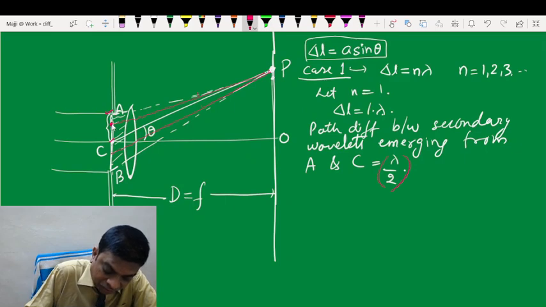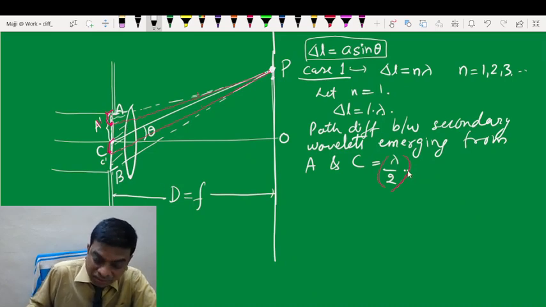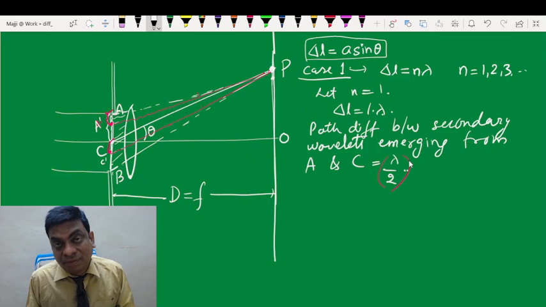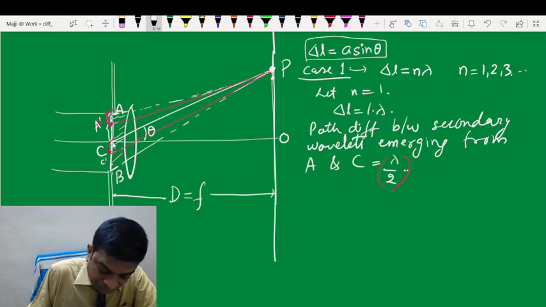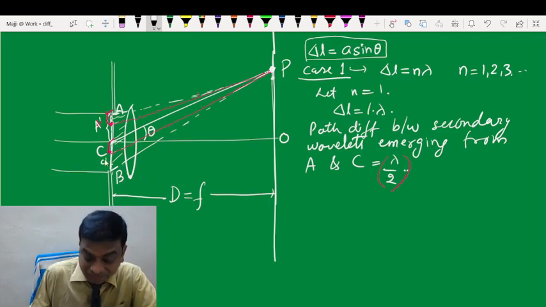Similarly, if you choose any other point, let us say at some distance from A, and you choose another point equidistant from C, I'll name this as, let us say, A dash, and I'll name this as C dash. Then you will find that again they too will have the same path difference lambda by 2, and they will cancel the effect of each other. And finally, secondary wavelets emerging from C and B will cancel each other.